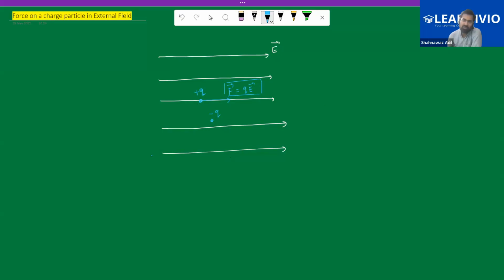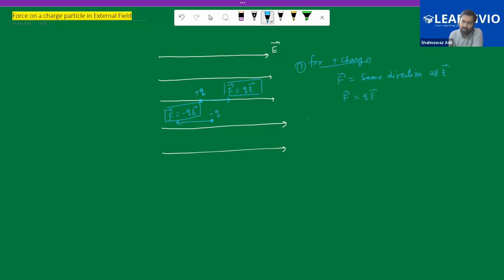In the direction. So force would be opposite direction, right? That would be minus Q. So for positive charge, force is same direction as electric field. So F is Q, right?